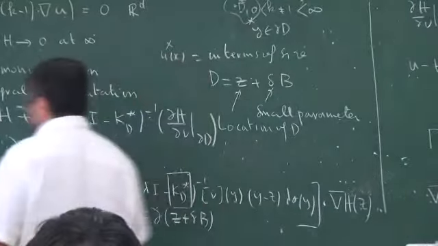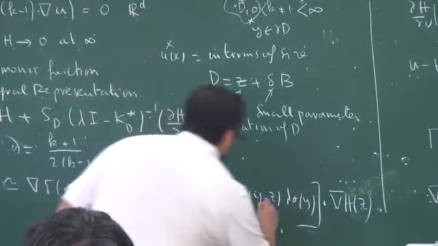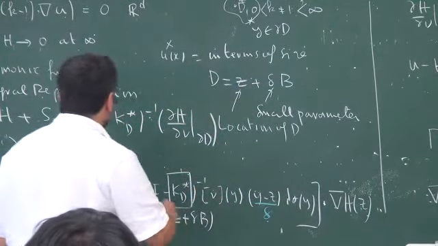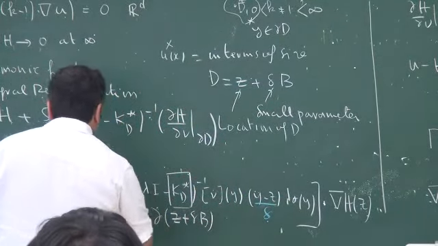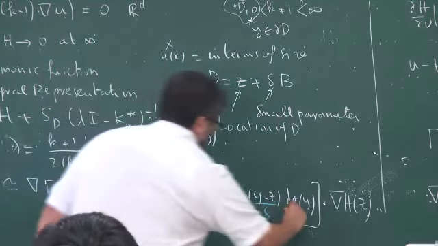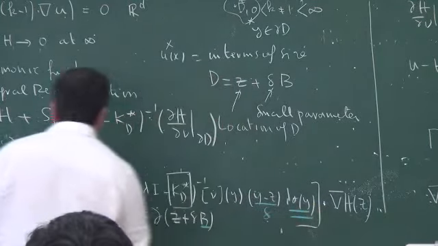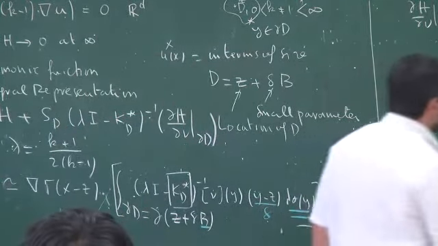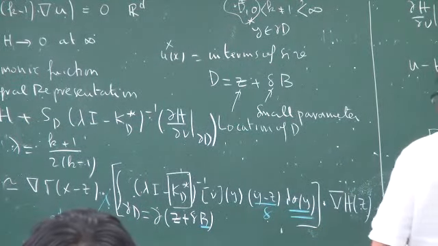So here you will have y tilde. So we will have one delta here, and from this change of variable you will have delta to the power d minus 1. So you will get something of order the volume.